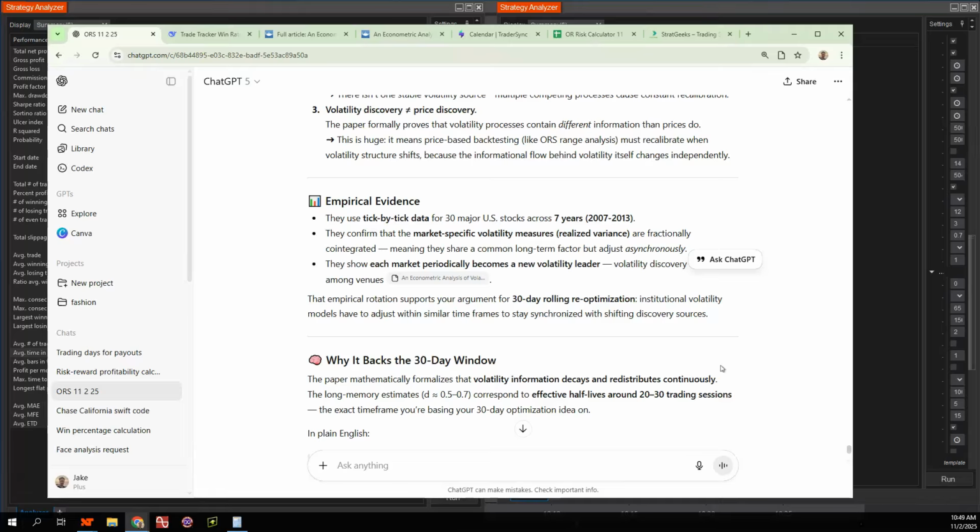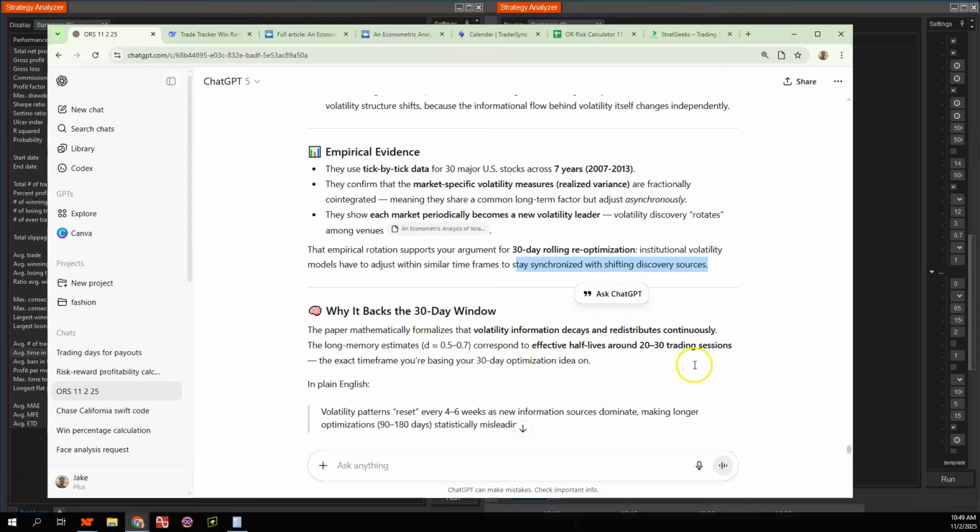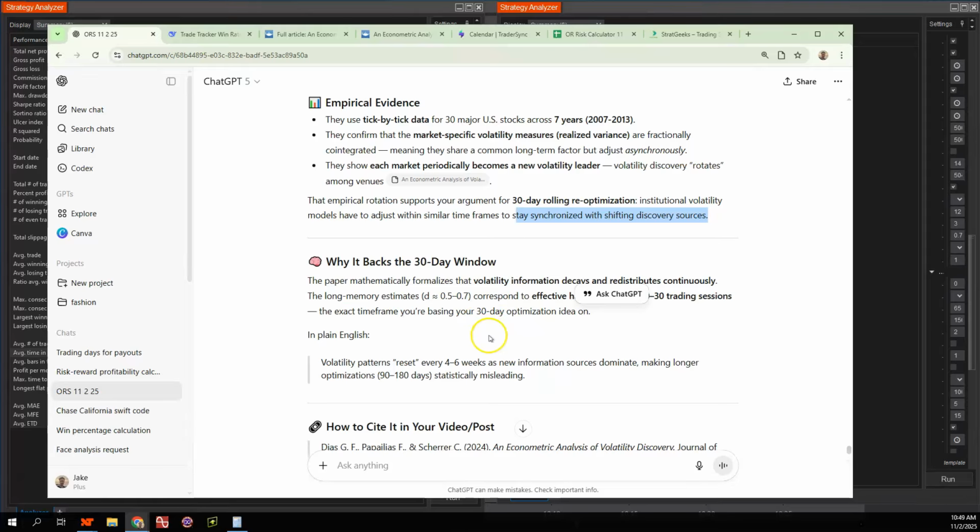Institutional volatility models have to adjust within similar time frames to stay synchronized with shifting discovery sources. Why it backs the 30-day window: the paper mathematically formalizes that volatility information decays and redistributes continuously.